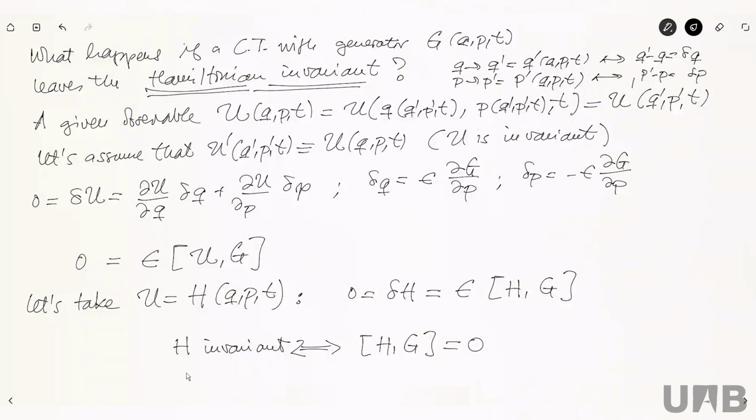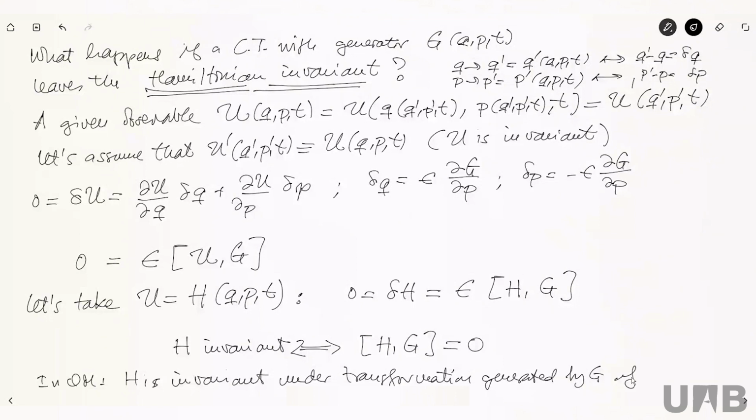Okay, so this result, in quantum mechanics, is that H is invariant under the transformation generated by G if it commutes, right? This is a result that you have seen.